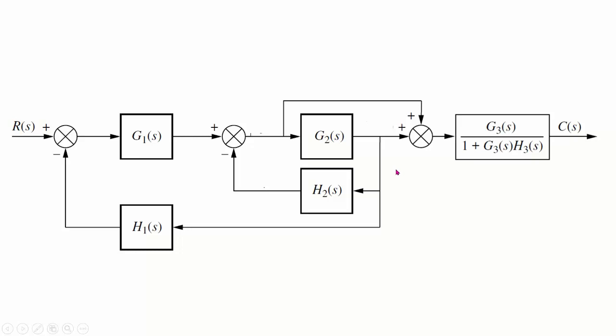Now, if you look at the left side of this system, we can shift this particular takeoff point towards the right, because without shifting this takeoff point, we cannot simplify it any further. If you shift this takeoff point to the right side, then you are going to have a parallel path with this comparator like this.